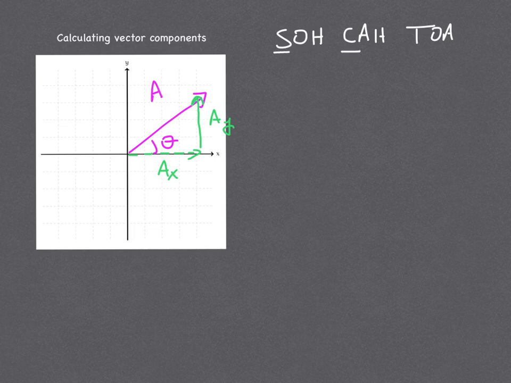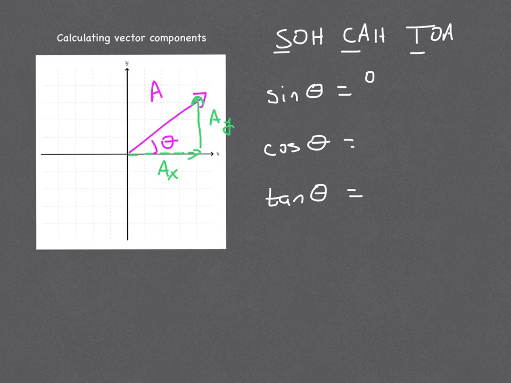The first letter stands for sine, cosine, and tangent, and it is always the sine of the angle, or cosine of the angle, or tangent of the angle. On the other side of the equal sign, the other letters stand for either opposite or hypotenuse and adjacent.